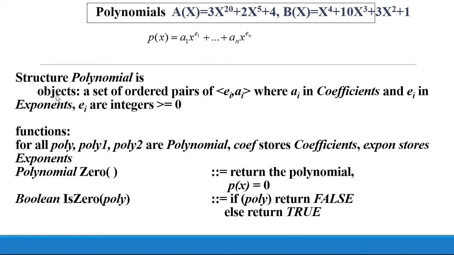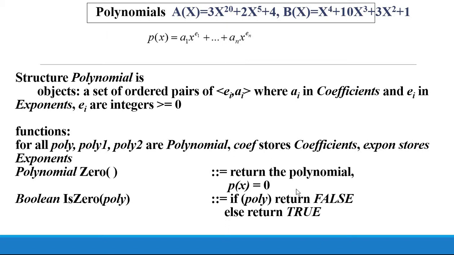In this polynomial we'll have terms, and each and every term will have the exponent and the coefficient, where a is the coefficient, e is the exponent, and e is an integer value. The exponent we can give only as an integer, we can't give a real number, so all of you know that.